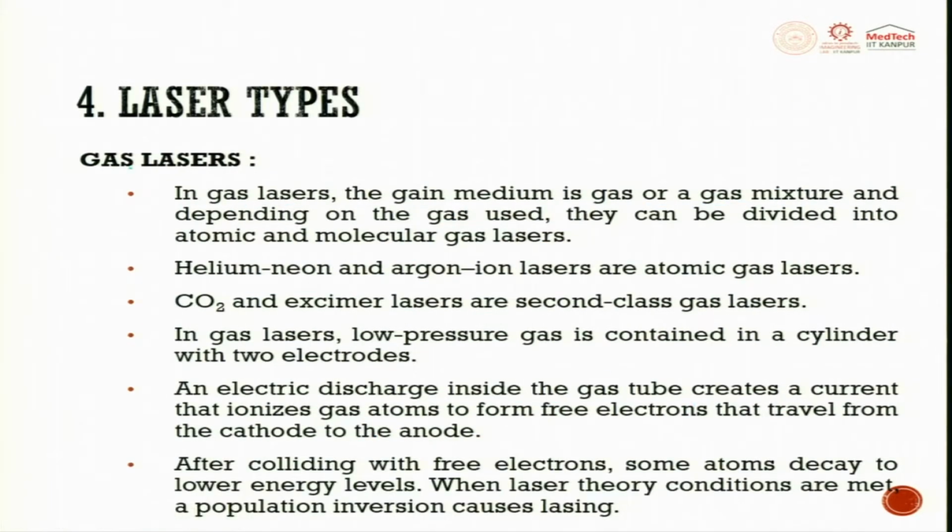The next laser is the gaseous laser. We are talking about the CO2 laser. In a gaseous laser, the gain media is a gas or a gas mixture, and depending on the gas used, they can be divided into atomic or molecular gaseous lasers. So CO2 is one example, and here it can be an atomic laser or a molecular laser.